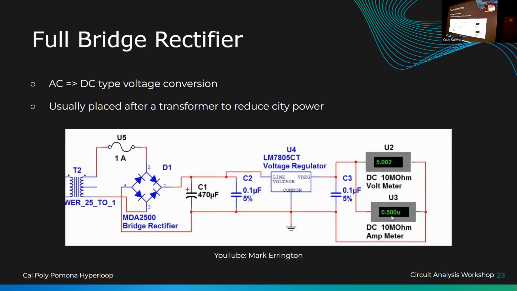Capacitors store energy, right? So when it's charging up, it's also discharging as well. Eventually the circuit will look like this.